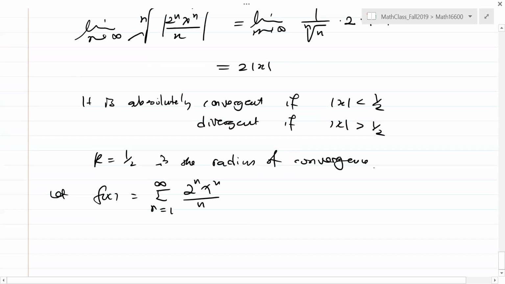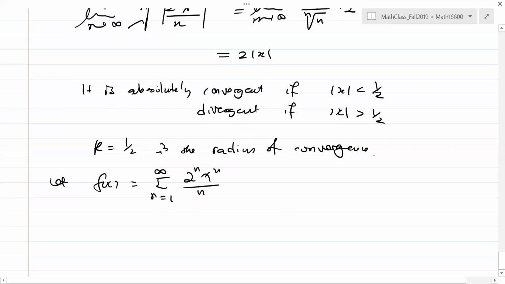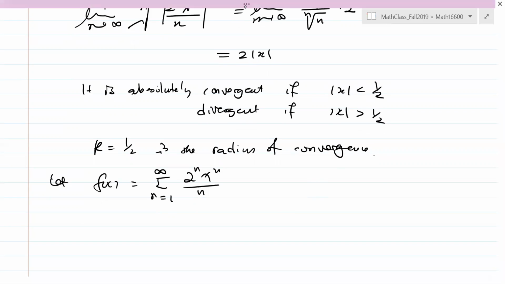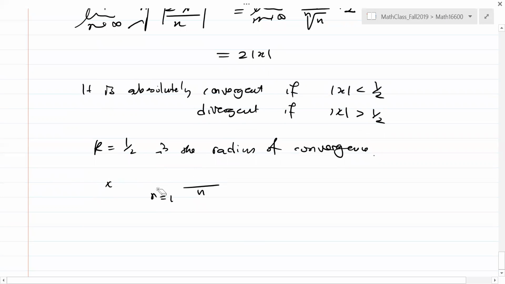Actually, this is not convergent at both endpoints. Maybe it's convergent at one of the endpoints. Let me finish that part before I define the function.